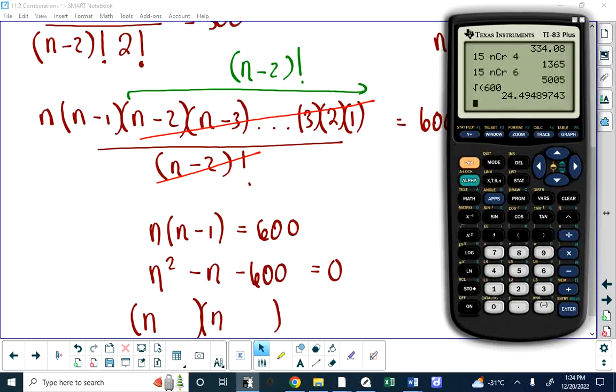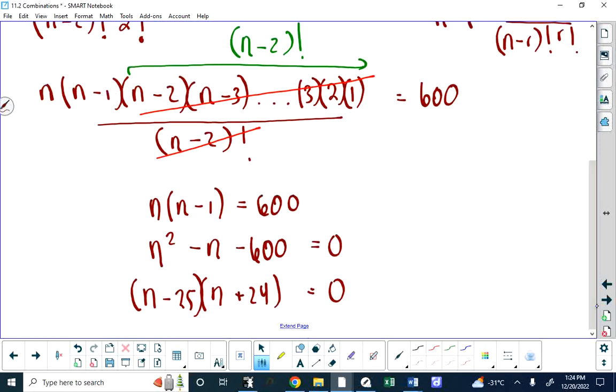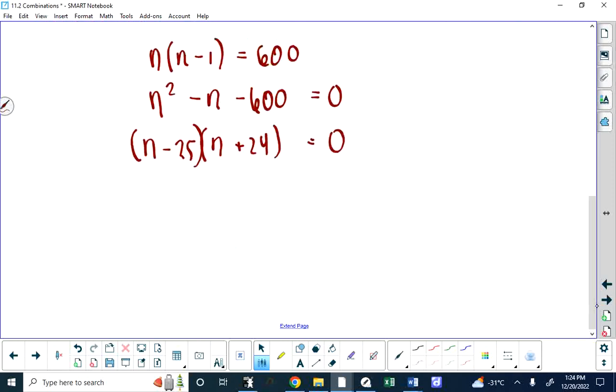So maybe 25. What's 600 divided by 25? 24. It's 24. Oh, there you go. So it's going to be minus 25 plus 24, which means n is equal to 25, or n is equal to negative 24.